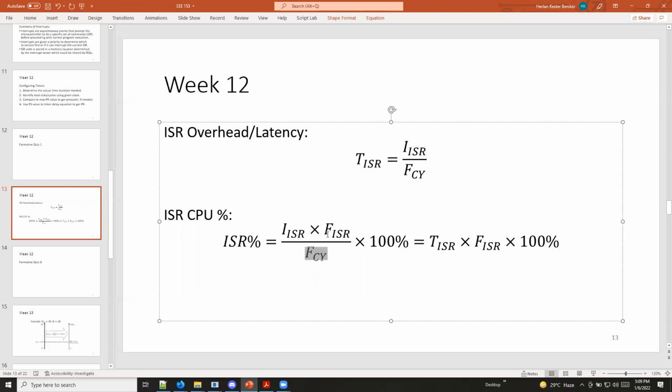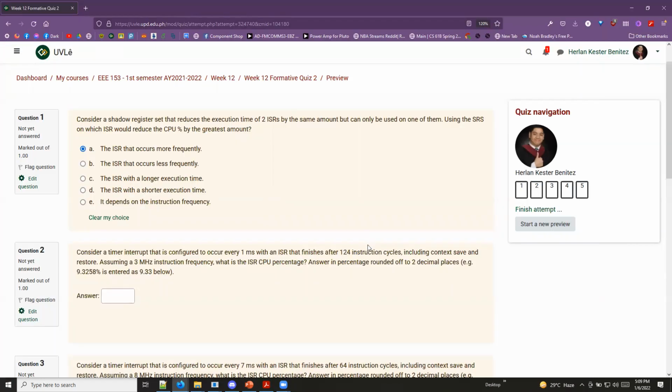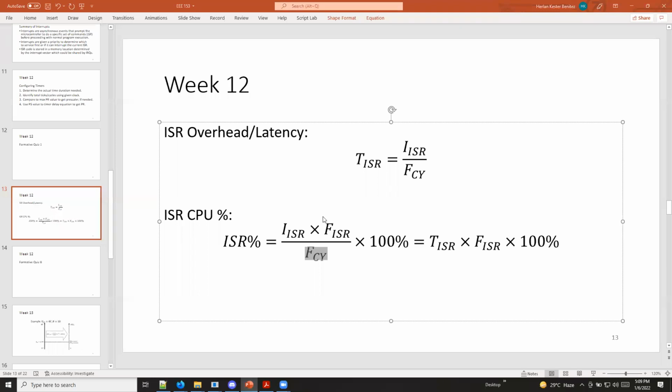it gets multiplied by the frequency of the ISR. So, if the frequency of the ISR is higher, what we subtract is larger, the negative term in our numerator grows. So we'd expect that one to give the higher reduction in CPU overhead. You can test this out using some arbitrary numbers.